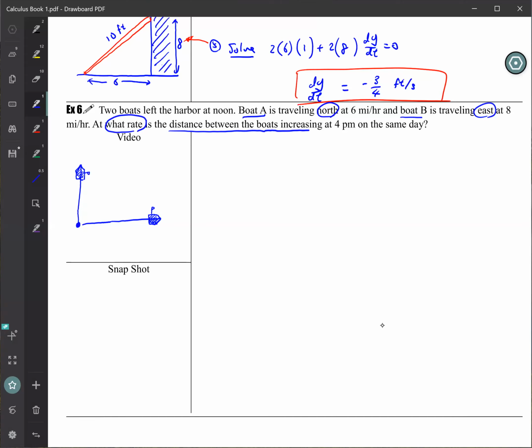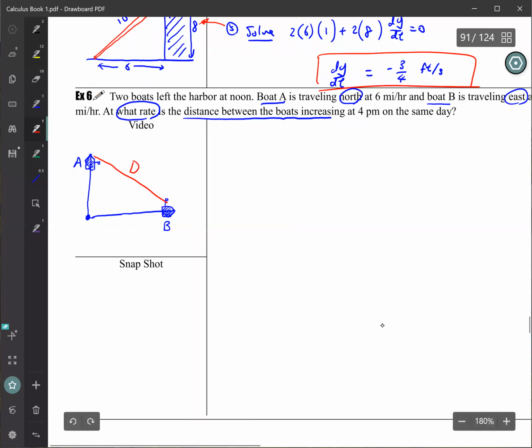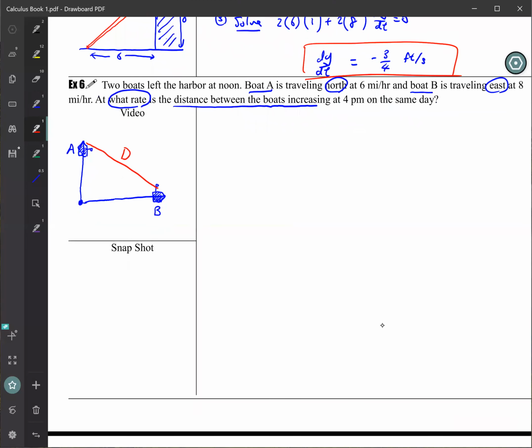So this is boat B, this is boat A. And we also have something that's changing, which is the distance between the boats. So you could call that D. Okay, I want to check the variables. What other variable should be in the picture?